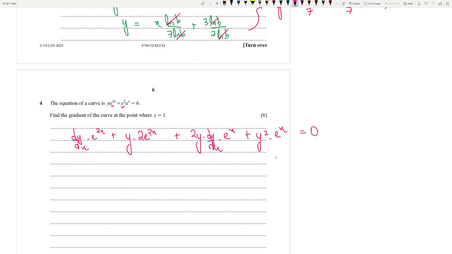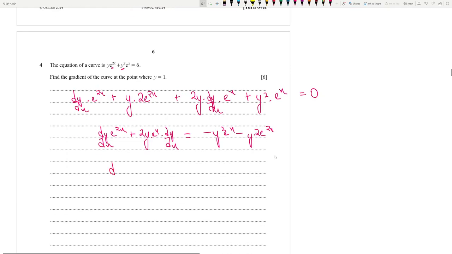Now keep all the dy by dx on one side. Dy by dx e to the power twice x plus 2y e to the power x into dy by dx is equal to minus y square e to the power x minus y 2e to the power 2x. Okay. Next, dy by dx e to the power twice x plus 2y e to the power x is equal to minus y square e to the power x minus 2y e to the power twice x.